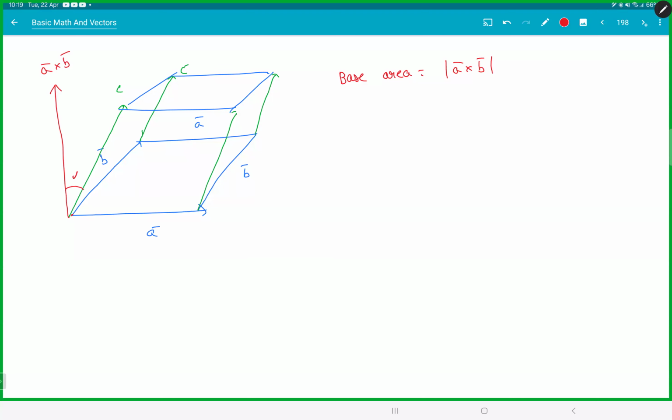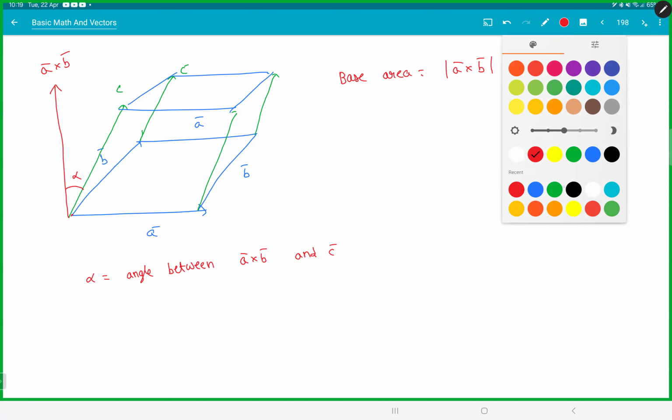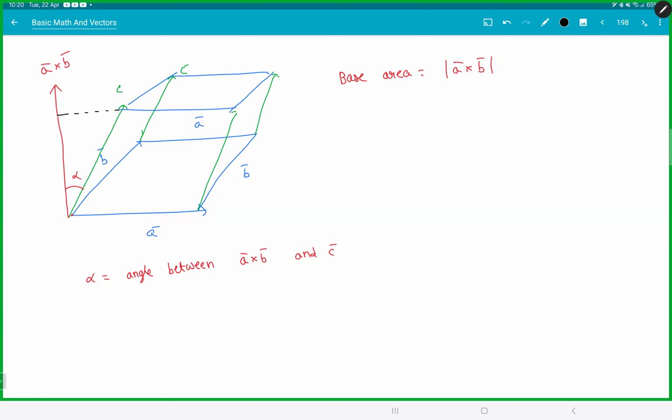Let this angle be alpha, so alpha is the angle between A cross B and C bar. From here, if you drop a perpendicular, if this length is C, this length will be C cos alpha.